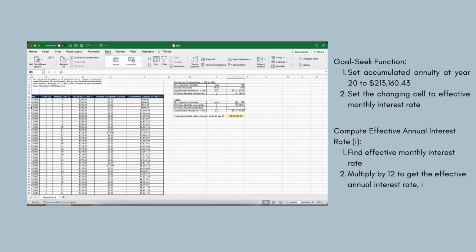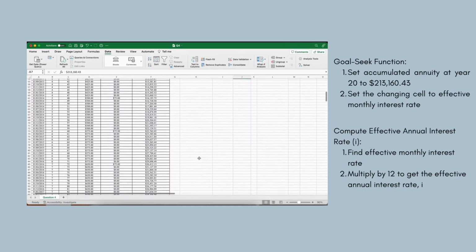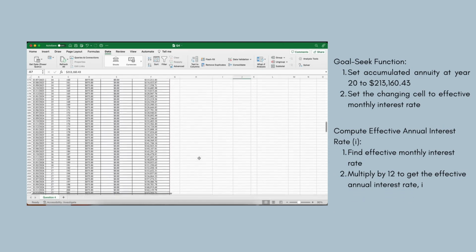And then from there we can also compute I by multiplying J by 12. Since in 1 year there are 12 months, and J is the effective monthly interest rate, we will multiply J by 12 to get the effective annual interest rate.